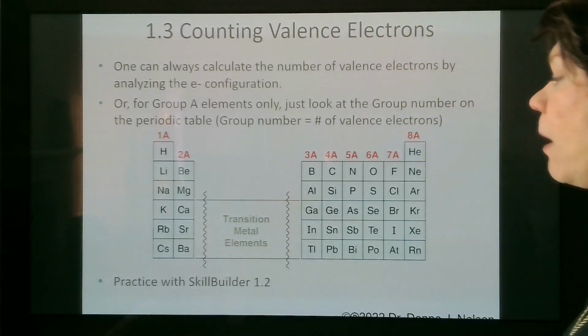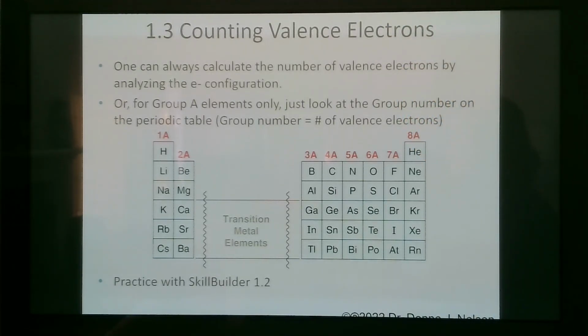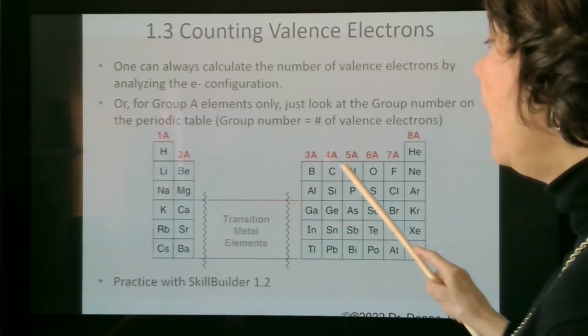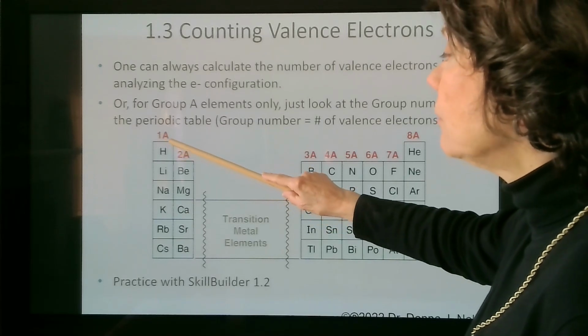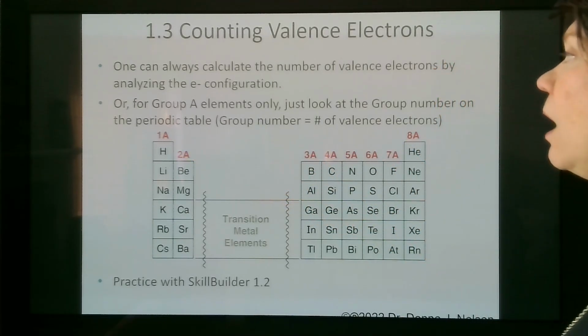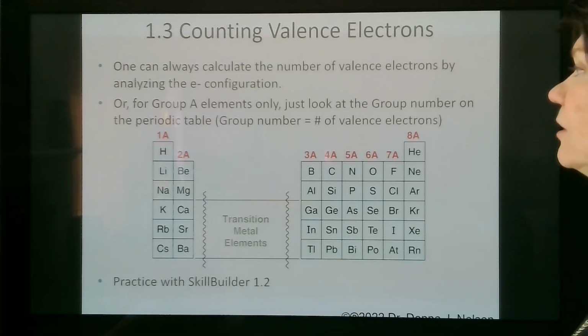Here is part of a periodic table. You can see the group numbers for the group A elements. Just look at the group numbers here. These are the numbers that one needs to calculate the number of valence electrons.